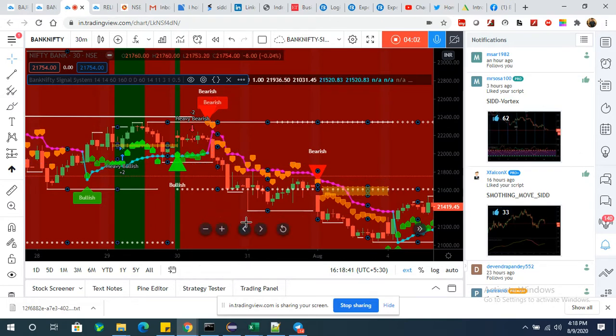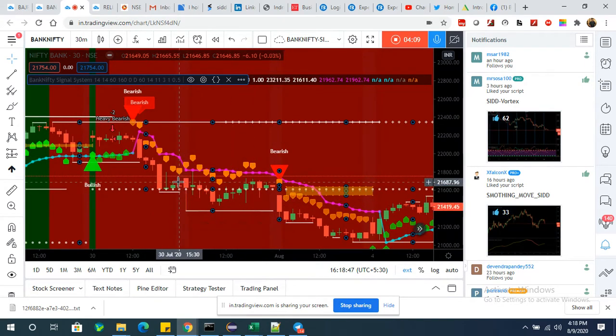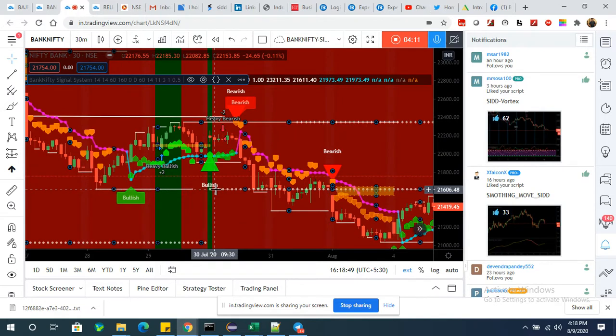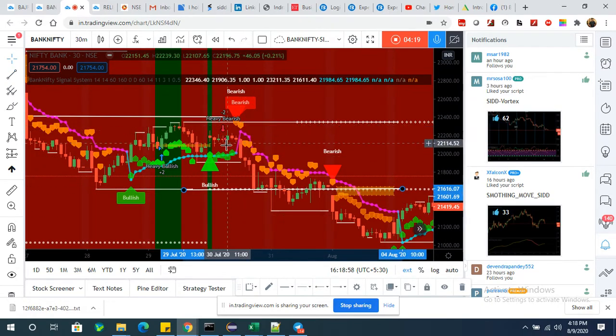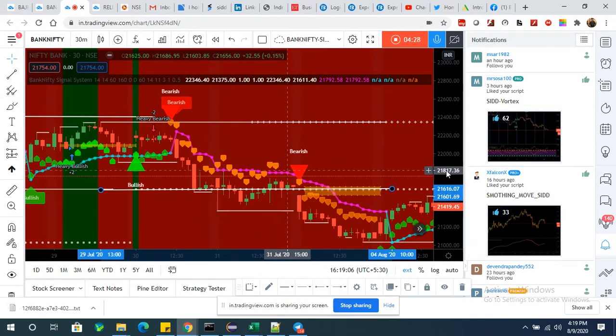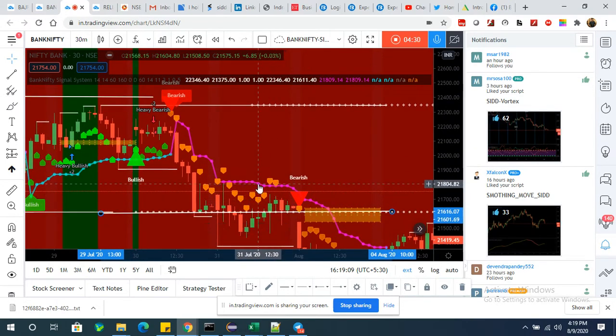If support is not getting broken and you see 2 3 dojis getting formed, then see the previous support area, extend that support area like this, and book your existing trade. So let's say heavy bearish came here, with this heavy bearish you close your trade here. Or wait to close if any candle closes above the stop loss line.